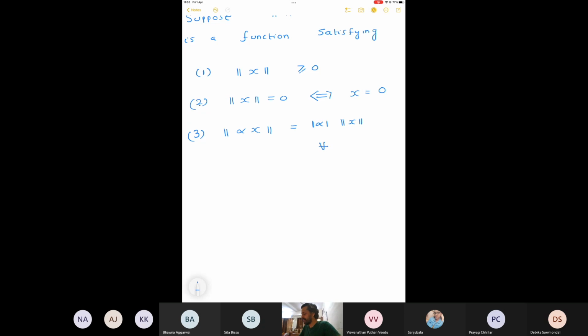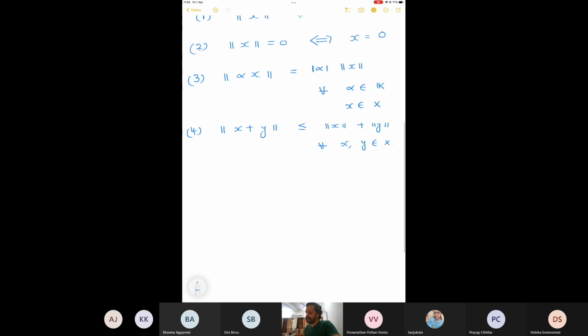And this is true for all alpha in K and x in X. And we should also have a nice interaction between the length function and the addition available to us. Norm of x plus y is less than or equal to norm x plus norm y for all x and y elements of X.